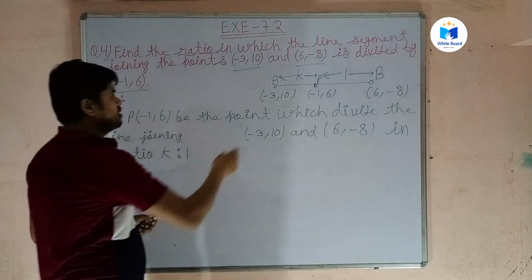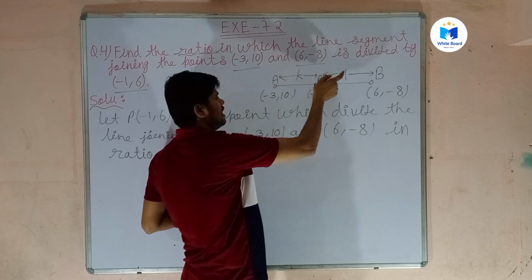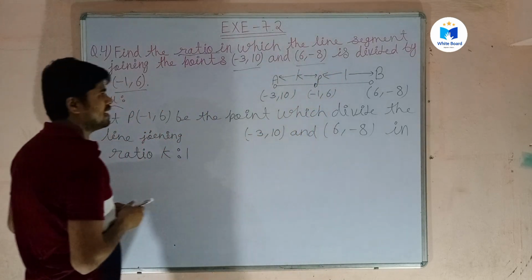Here this point divides the line AB in the ratio K:1. We have to find K.